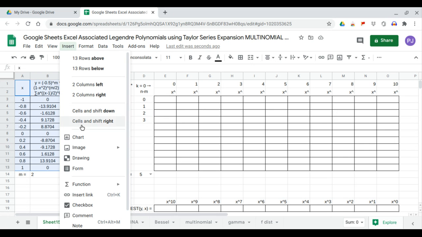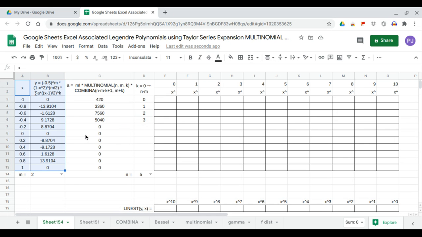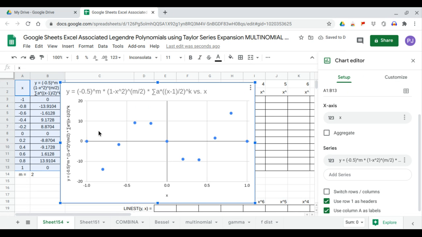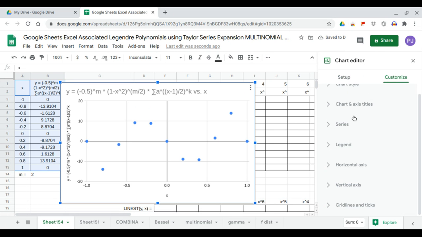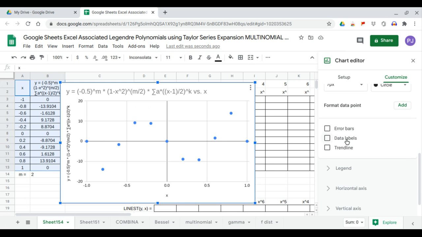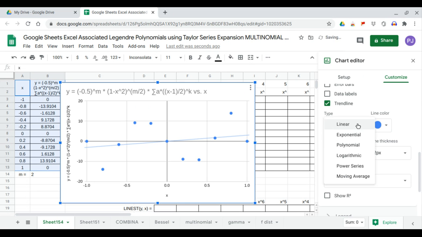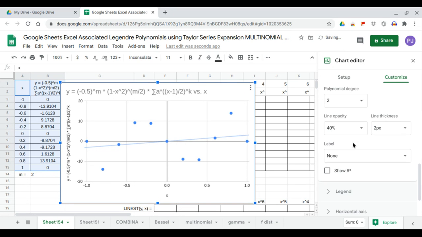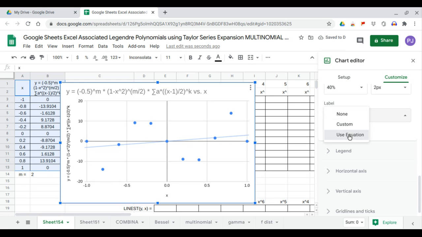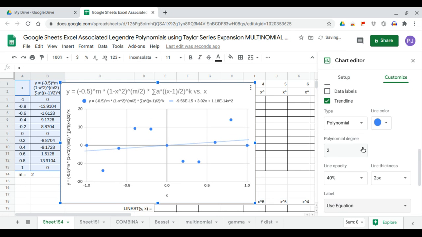Insert, chart, and we scatter chart. Our trend line will be polynomial to the 10th degree. We'll use polynomial to the 10th degree. That's it.